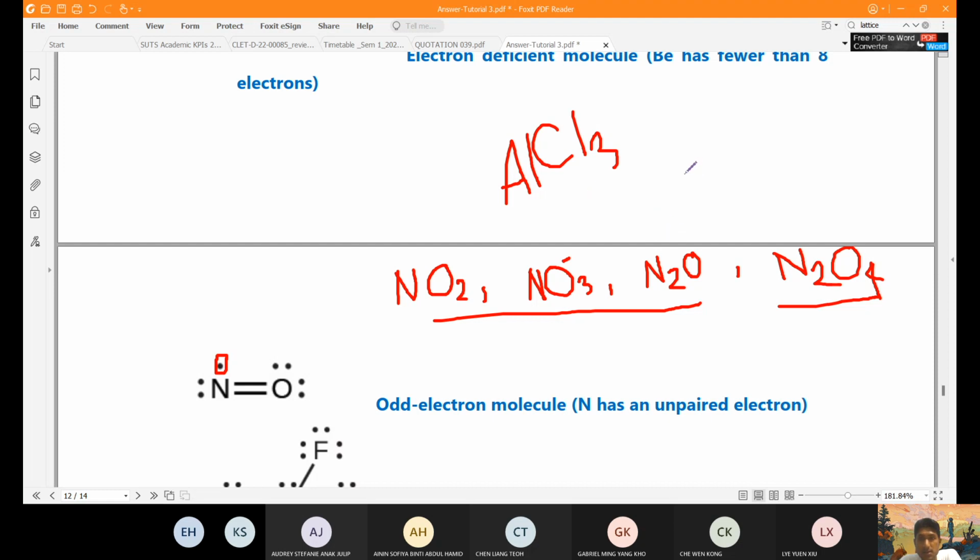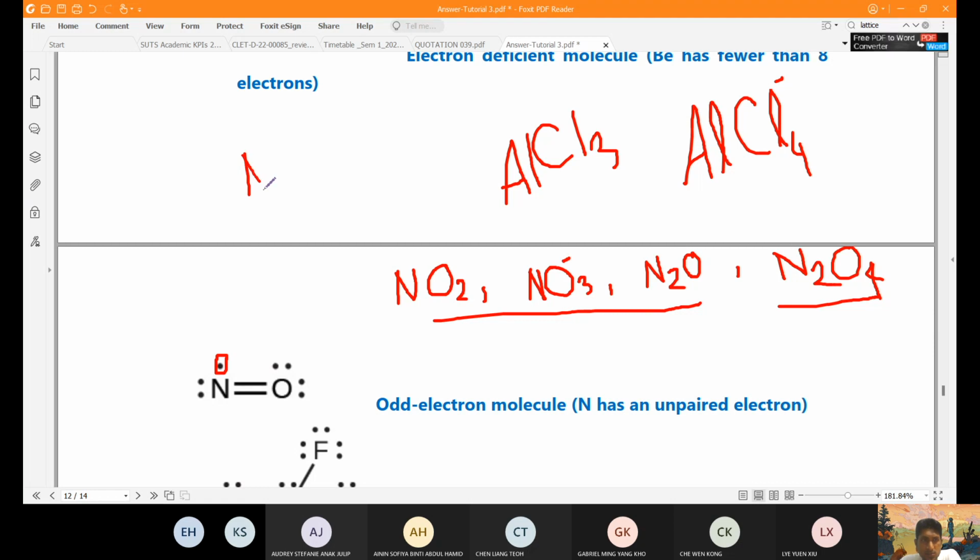There is another one, aluminium tetrachloride, AlCl4, and altogether it is negative. In this case it will be the same thing, but one more chlorine will be attached here, and the whole thing will carry a charge.